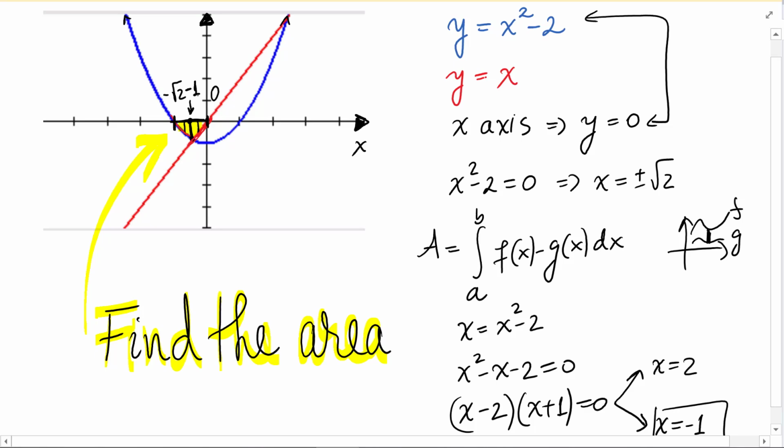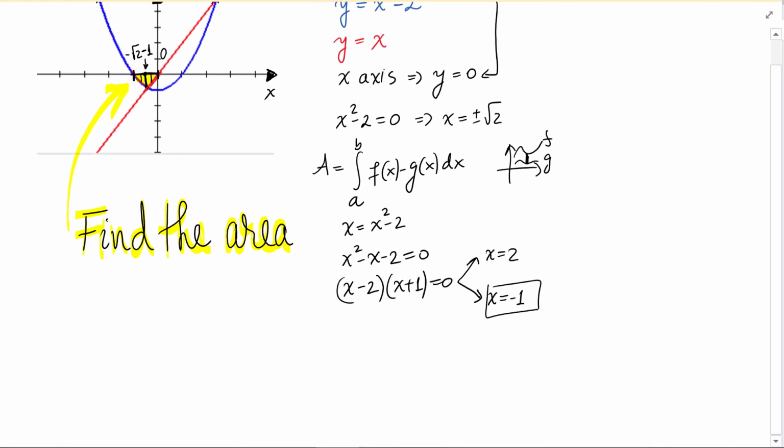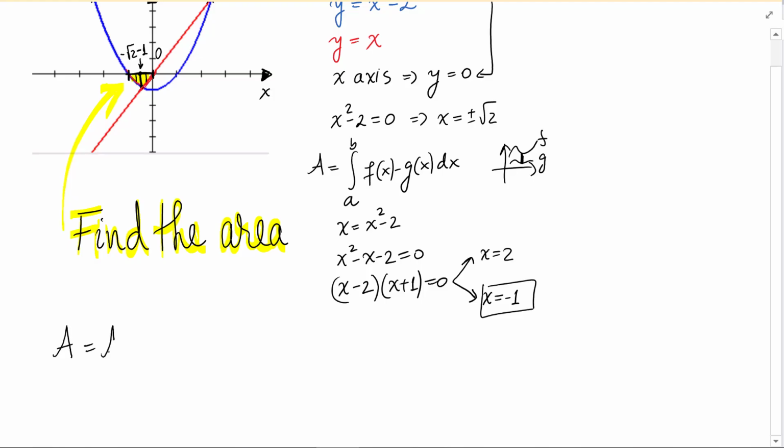All right, so now how am I going to calculate the area? Well, I'm going to split the area into two areas: area 1 plus area 2. Area 1 is the one that goes from negative square root of 2 to negative 1, and the difference is between the x-axis, which we saw means y equals 0, so 0 minus the blue graph, which is x squared minus 2, dx.